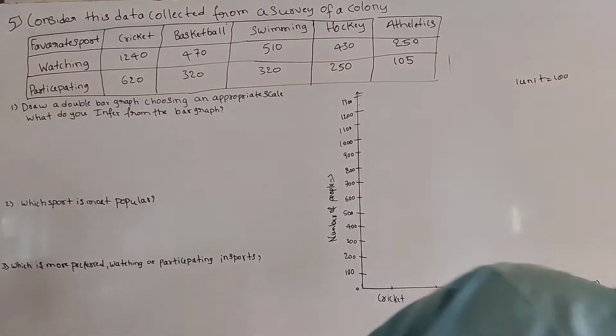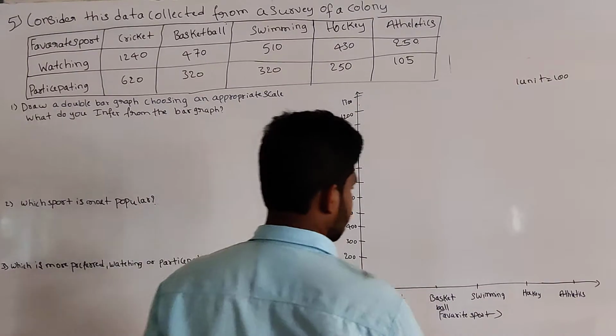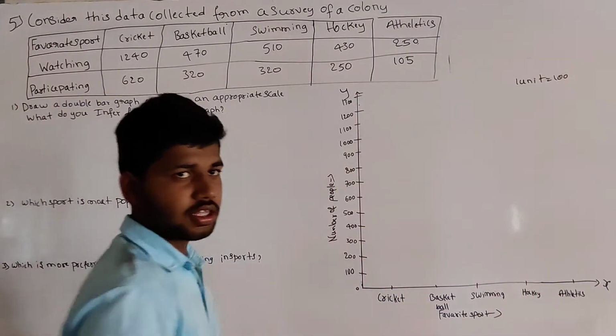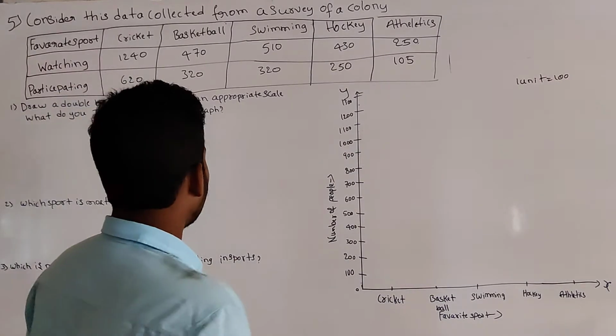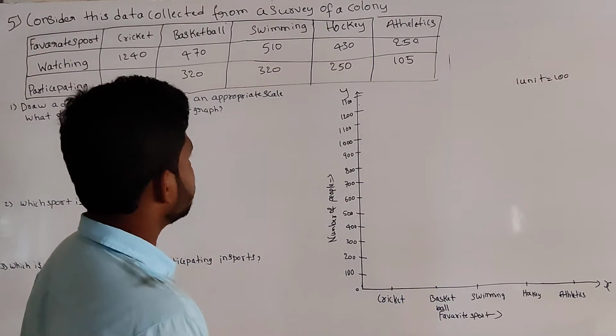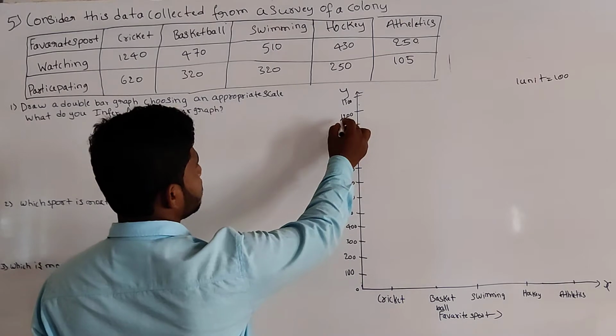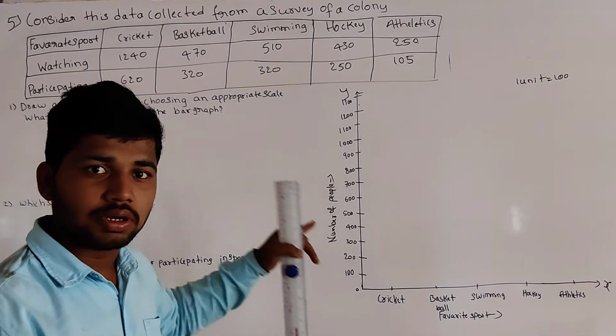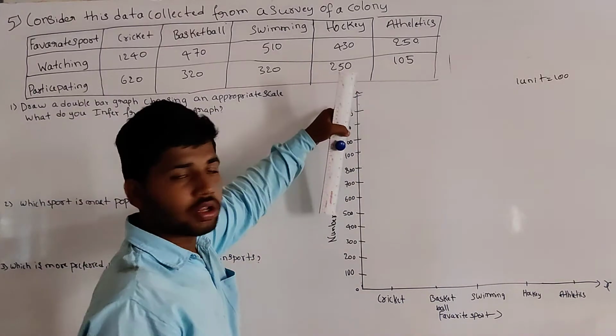Take the x-axis and the y-axis. 1240 lies in between 1200 and 1300.